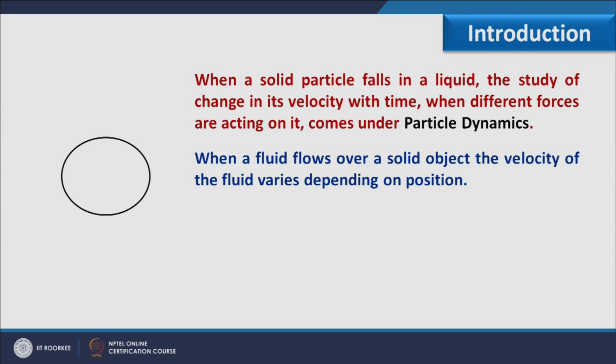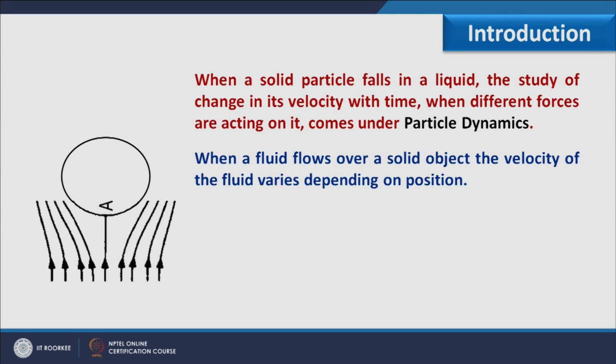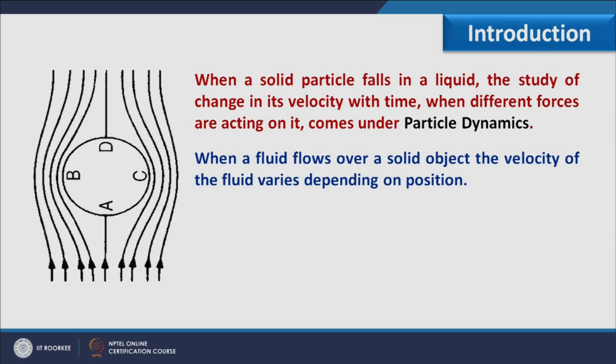For example, if this is the solid object and fluid is moving around this, obviously fluid cannot move through this, fluid will move around this. So, when we consider the velocity, it will change at different positions of the particle.